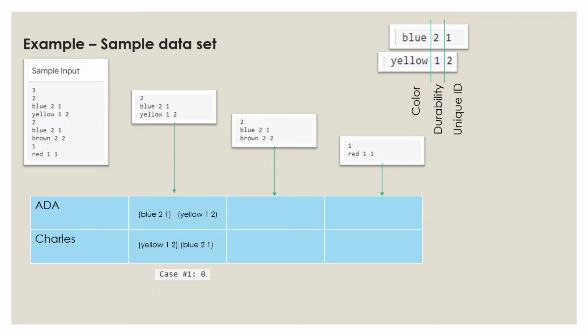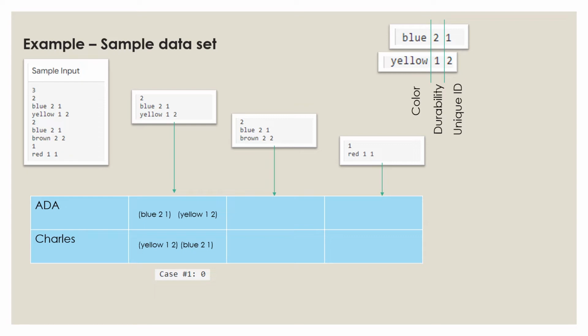In the second test case, when you compare blue versus brown, the first letter is the same, so you have to go to the next letter, L versus R. So here blue is smaller than brown. So first we have blue 2 1 and brown 2 2 for Ada.